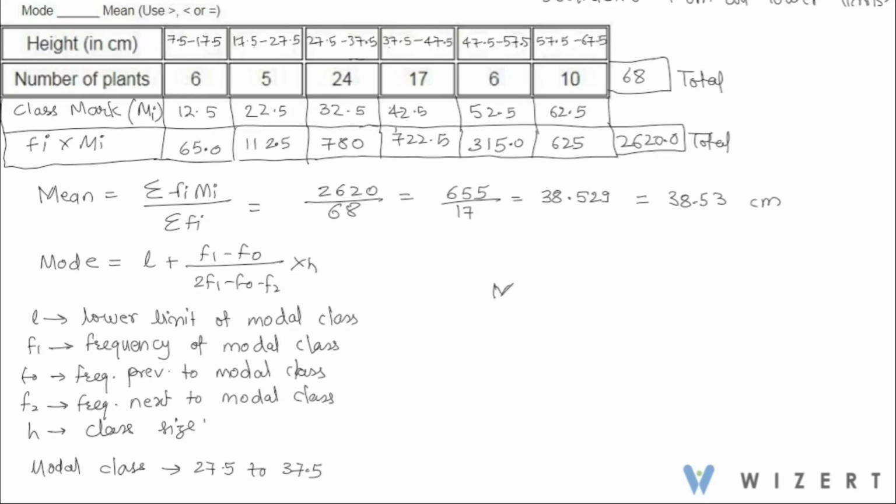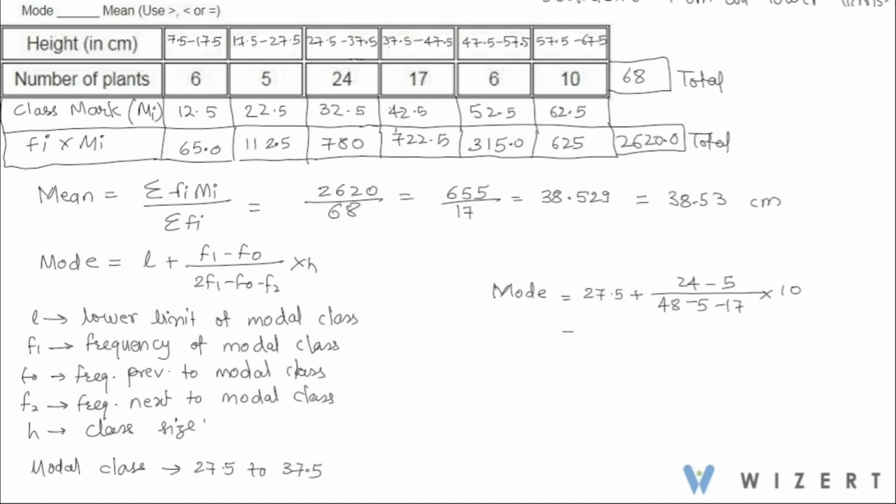So we can say mode is equal to 27.5 plus F1 is 24, minus F0 is 5, divided by 2 times F1 is 48, F0 is 5 and F2 is 17, multiplied by class size, which is clearly 10.